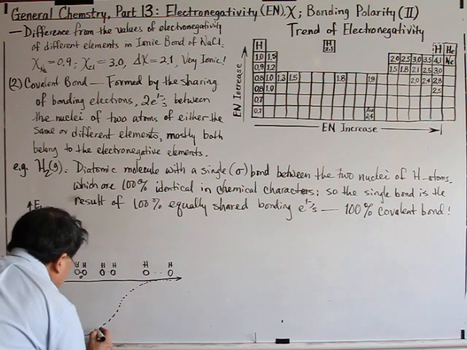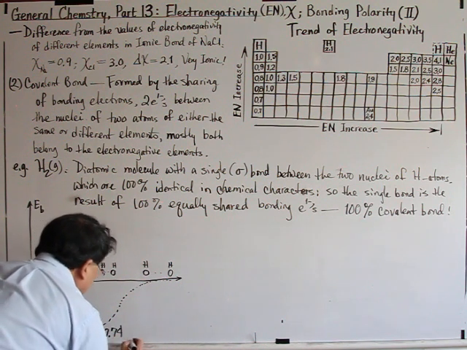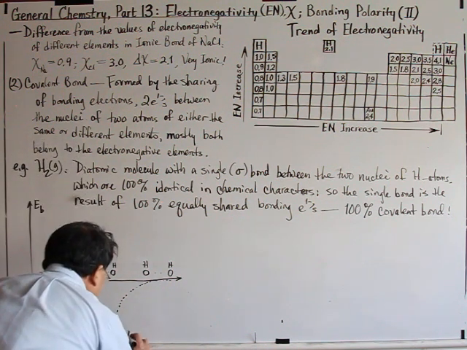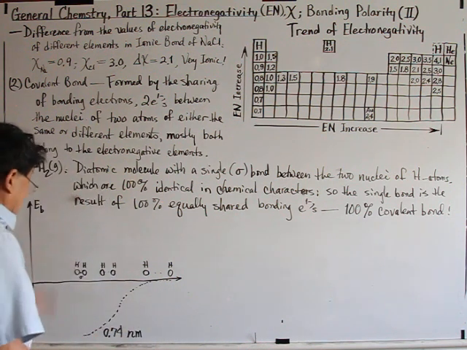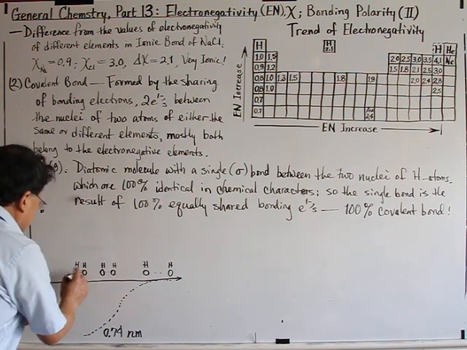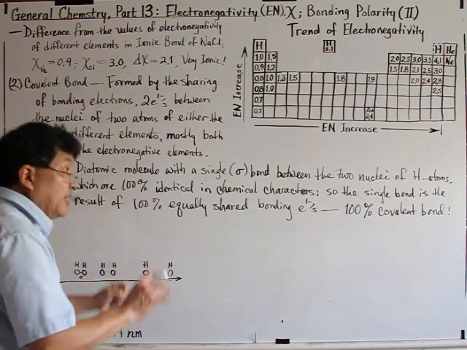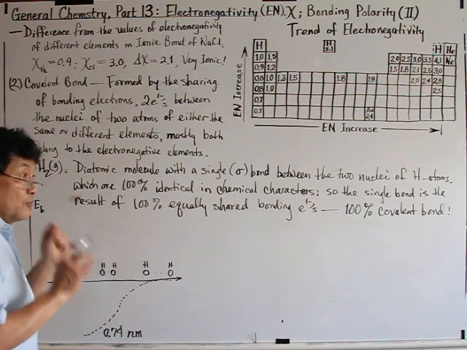What is the value? I think it's about 0.74 nanometer. That is the distance for the bonding between two nuclei of two hydrogen atoms, and the hydrogen diatomic forms a molecule.